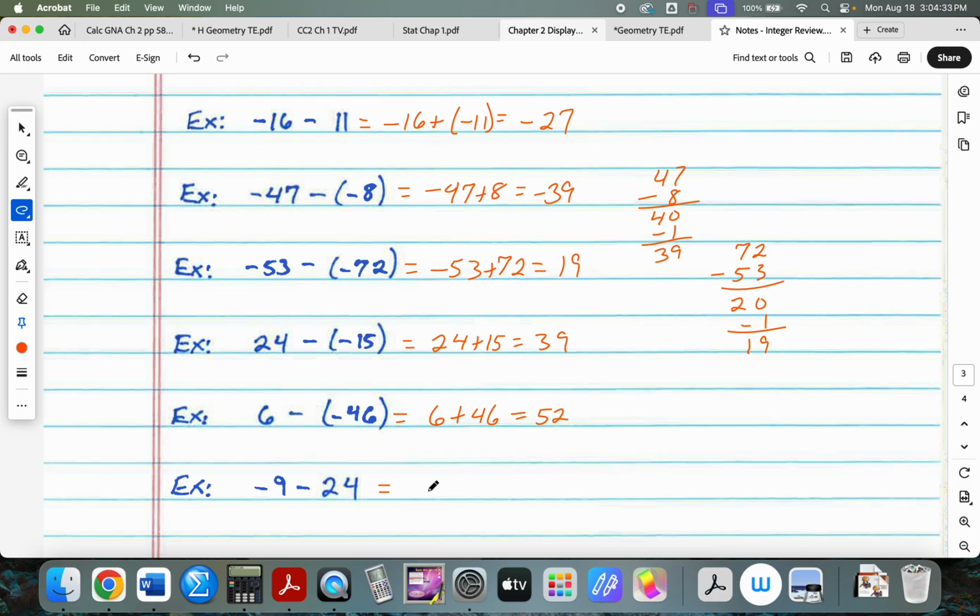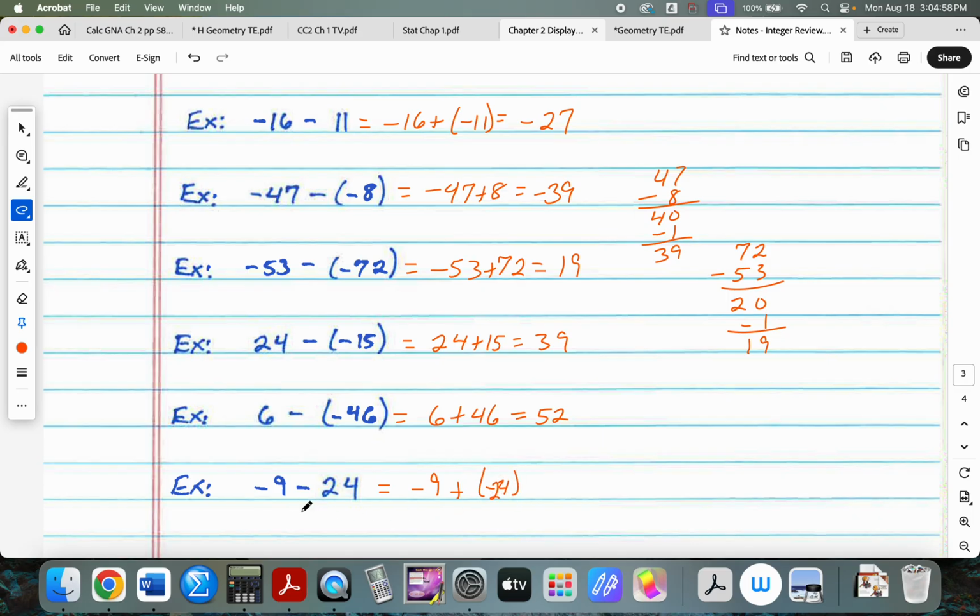And then this one, Logan, tell me how to rewrite it, please. Plus what? Yeah, plus a negative 24.